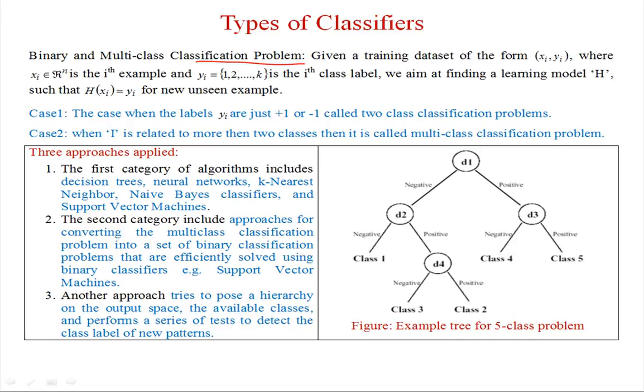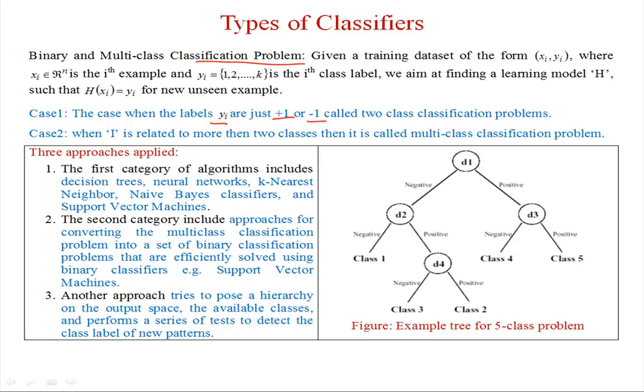Actually, in classification there are two cases. First is binary classification and second is multi-class classification. In binary classification, the class yi has just two labels, +1 or -1. But in multi-class classification, a class may have more than two labels.